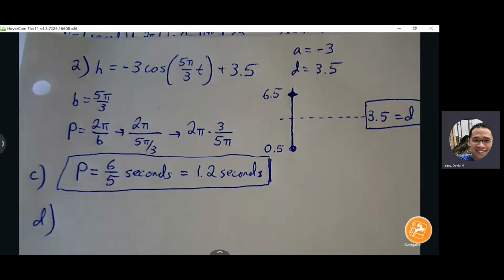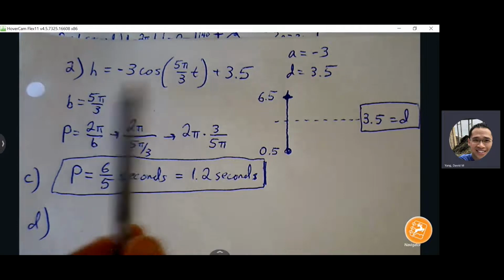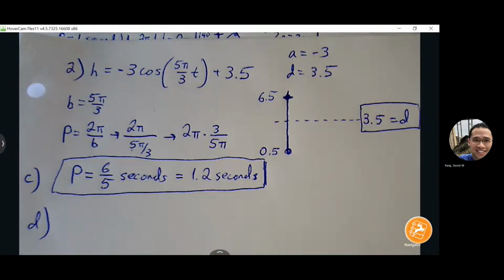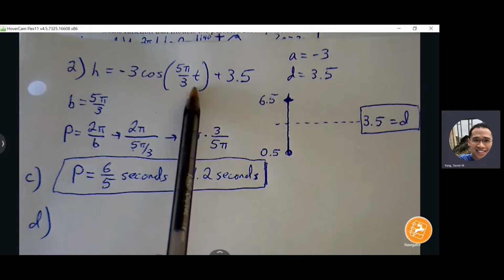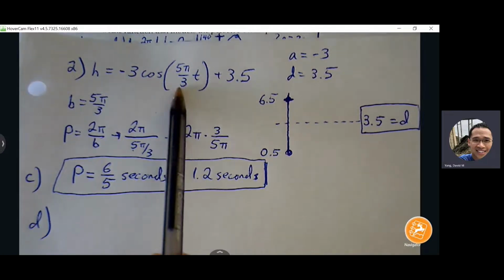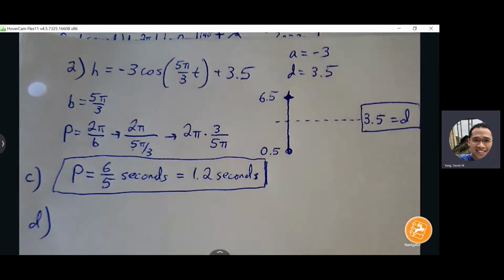Okay, part D, according to the model. So here's our model. Find the height of the knot after 25 seconds. So what do you think we can do? Yeah, 25. Make sure that you're in radian mode because the 5 pi over 3 is for radians.